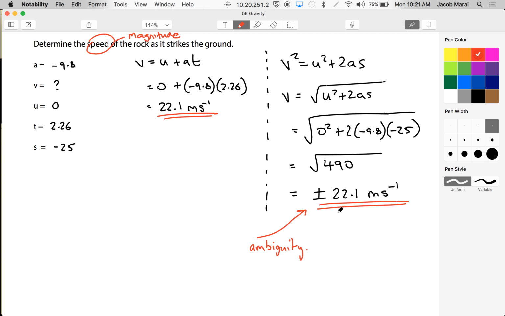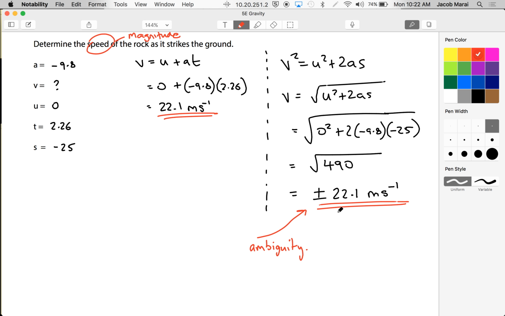The maths is saying that that value could be positive 22.1 or negative 22.1. You would have to use your logic that if you hit the ground by starting from above it, then the only way you can come into contact with the ground is to be traveling downwards towards it. Okay, so in year 11 and 12 physics, you would sometimes have to discard the alternative.